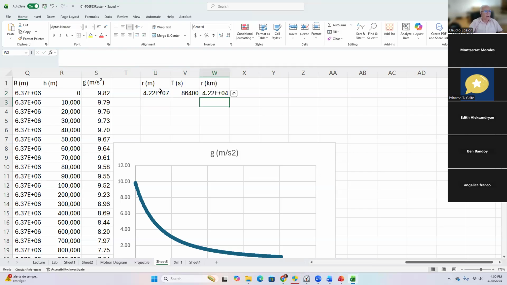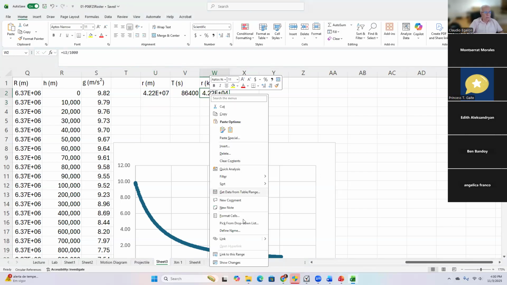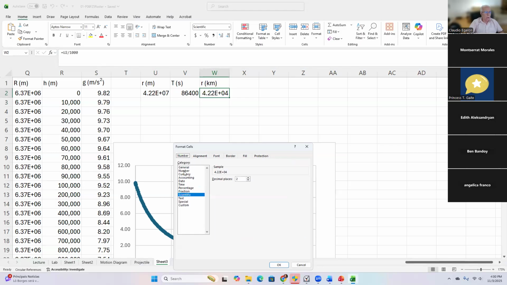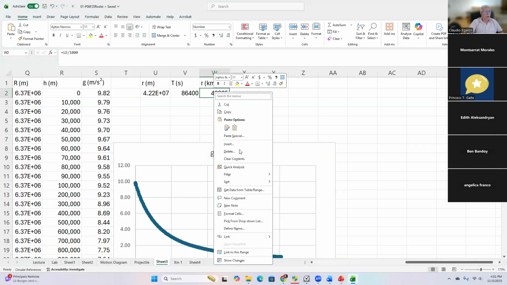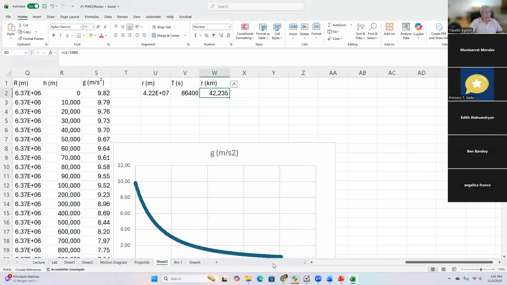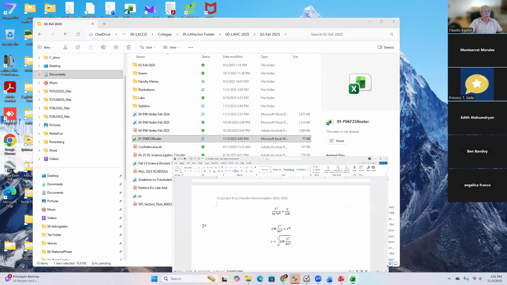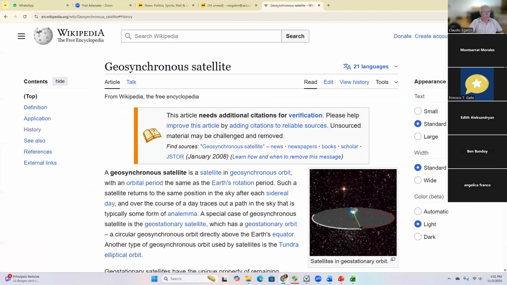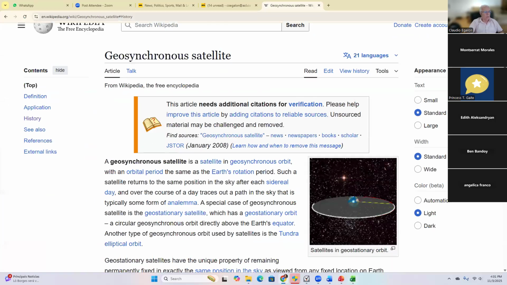And I'm going to put that in the regular format, no decimal places. Here you go. 42,000 kilometers. And then we can double check with the result in Wikipedia, right? 42,000. Let's see here. Where is the height?